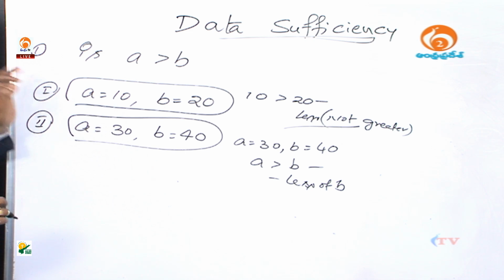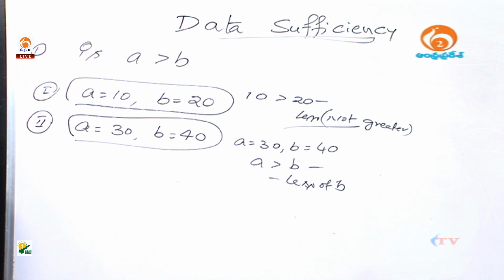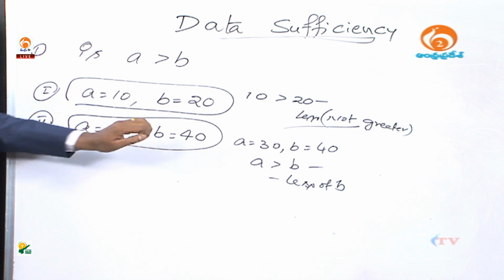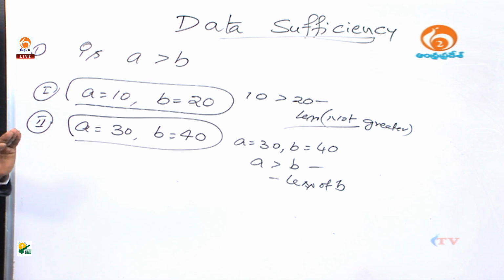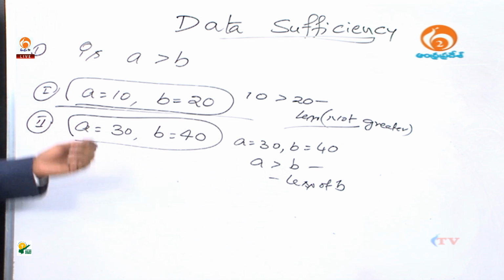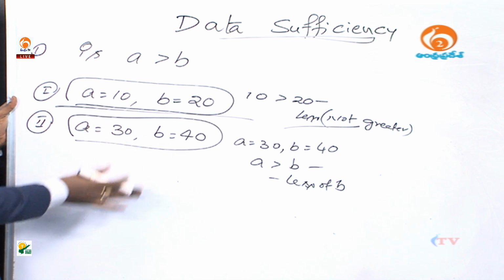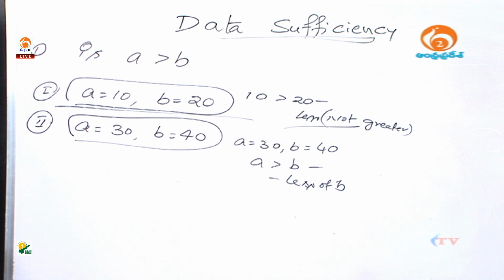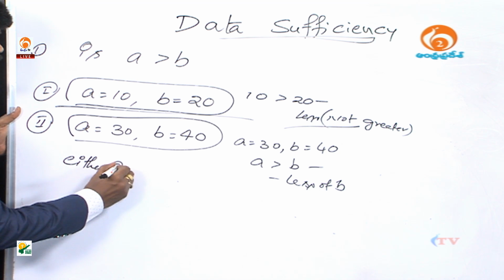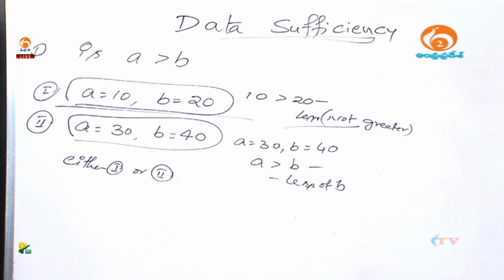So by using the first conclusion you can give the answer, and by using the second conclusion also you can give the answer. This time either one is individually sufficient to give an answer for the given question. Either the first condition is sufficient or the second condition is individually sufficient to give an answer for the given question, right. At this time the option is either the first conclusion or the second conclusion is our answer.